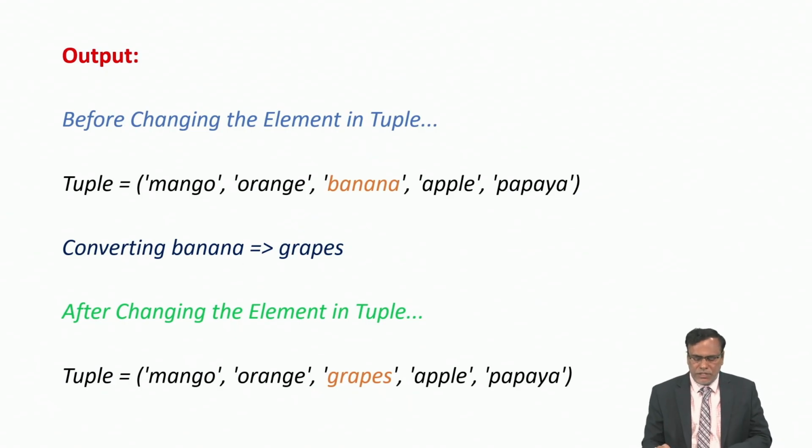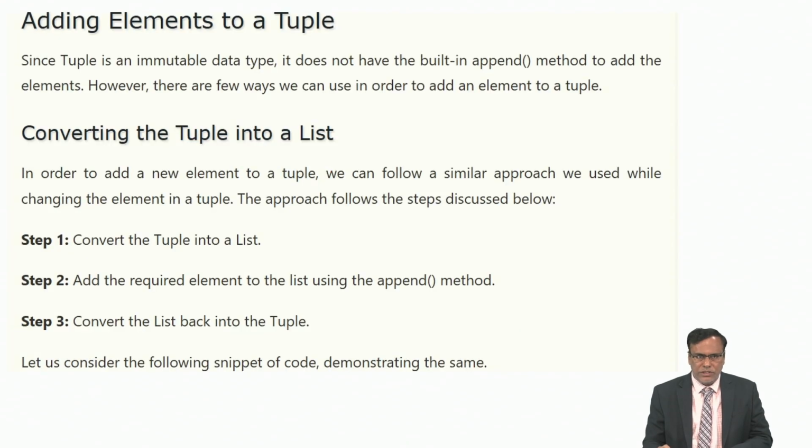Simple procedure. First you convert a tuple into a list, make the modification to that list, and then convert that list back to a tuple. Since a tuple is immutable, we cannot modify or delete any element of the tuple directly.